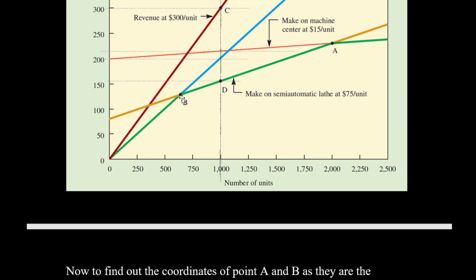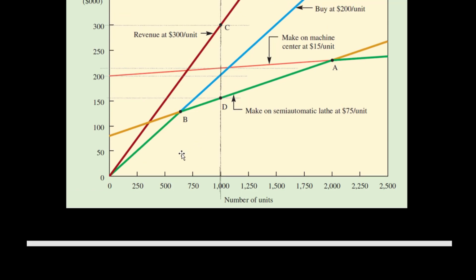So up to 640, if the demand is below 640, your choice is to directly buy at $200 per unit and you can sell it at $300 per unit. From B to A, the semi-automatic lathe line gives you the lowest cost. So when the demand increases above 640 but is still within 2000, your option is the semi-automatic lathe machine.